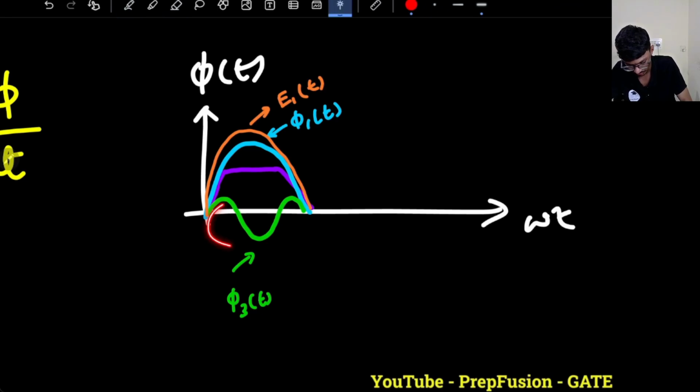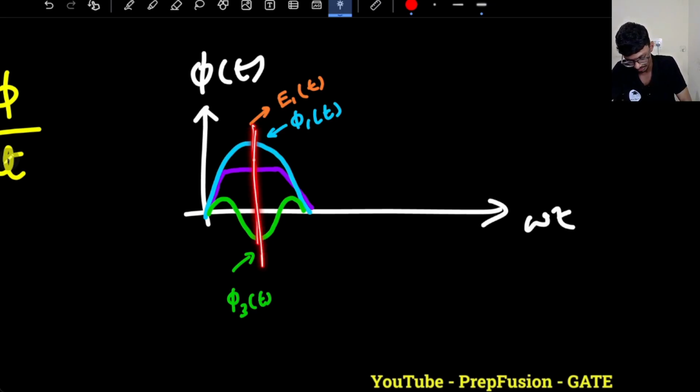This is a sinusoid, so the differentiation of this will be a cosinusoid. This is a sine function, and the differentiation will be a cosinusoid.